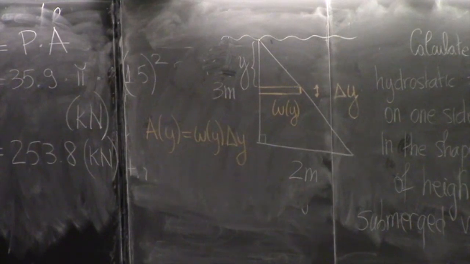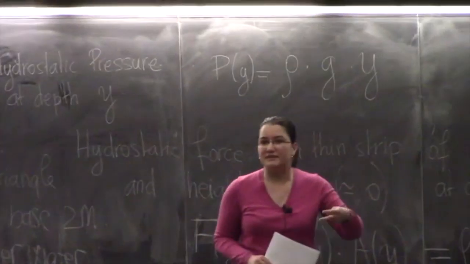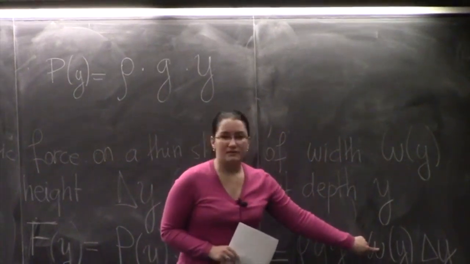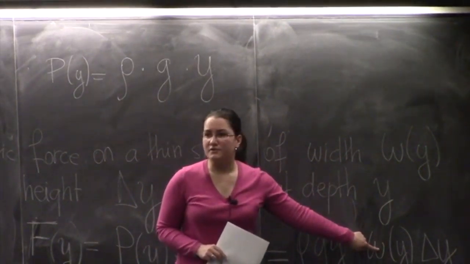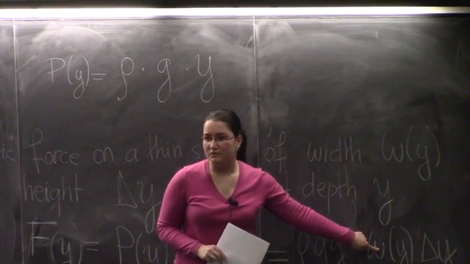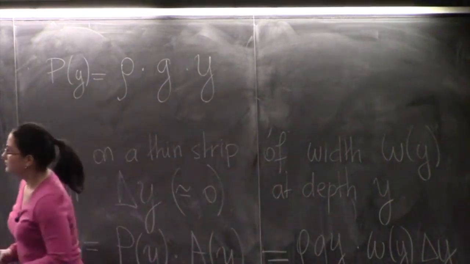In the formula over here, it looks like we know every quantity. Rho and g are just constants. y is the depth. Delta y is something which is going to turn into something very small. It's going to be the dy of our final integral. And the only thing that requires further computation is the width W of y, which changes with the depth.